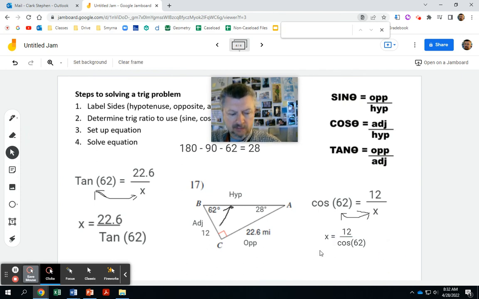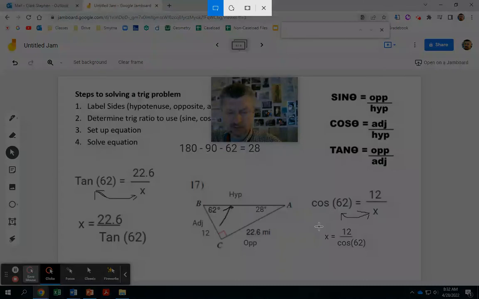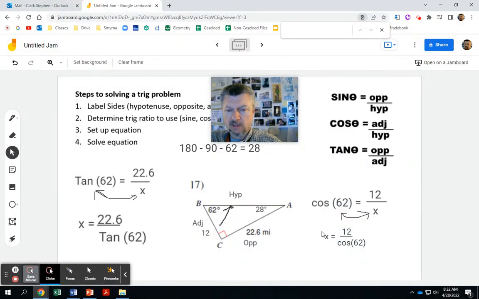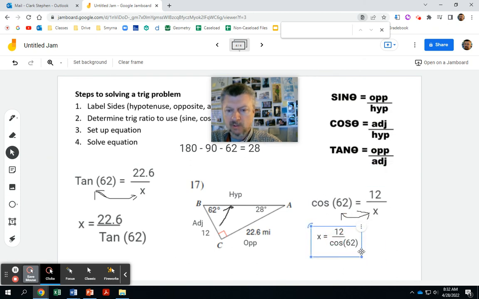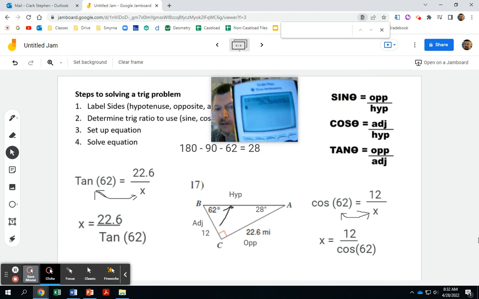Okay, so now there's only one thing left to do, and that is to calculate this. All right, so we just need to calculate it. We need to put it in our calculator. 12 divided by cosine 62. All right, and there it is.